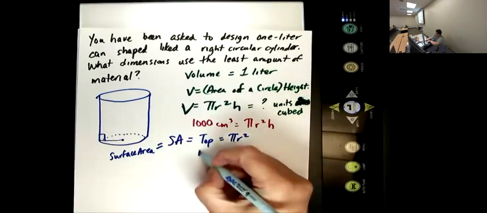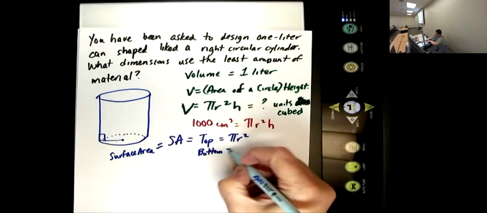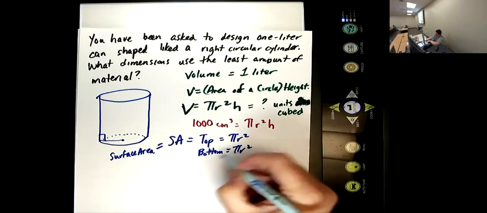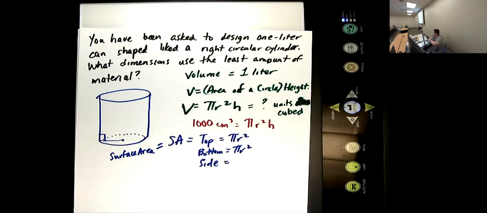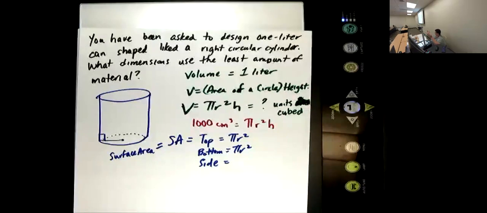What's the bottom look like? Pi r squared. What do the sides look like? It will be a rectangle. What are the dimensions? If you picture a soup can and you cut the label off and lay the label out flat, it's a rectangle.